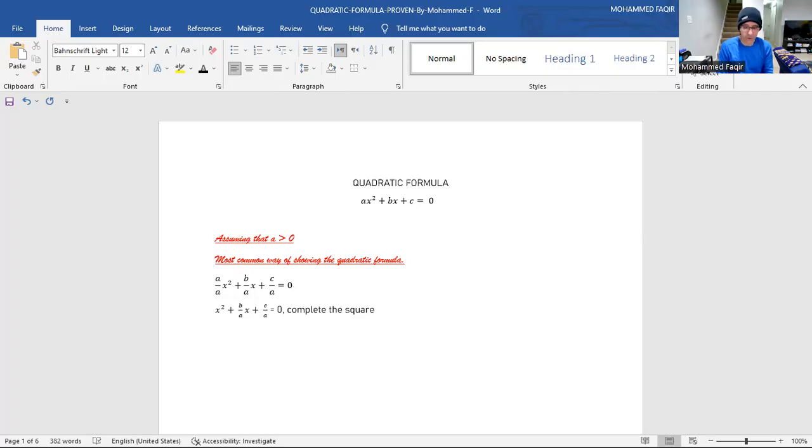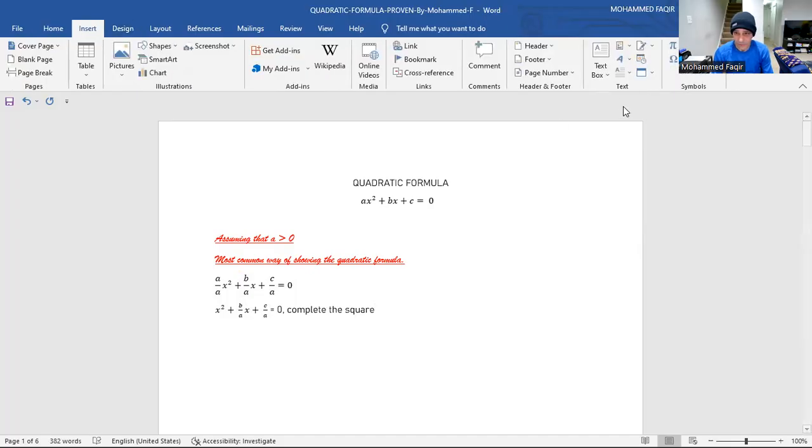I could have done some transformation, and it would be a little bit easier, but I would do it by completing the square. What do we do in completing the square? Well, we take the middle term, which is b over a, and we divide it by 2. And that's what we're going to do.